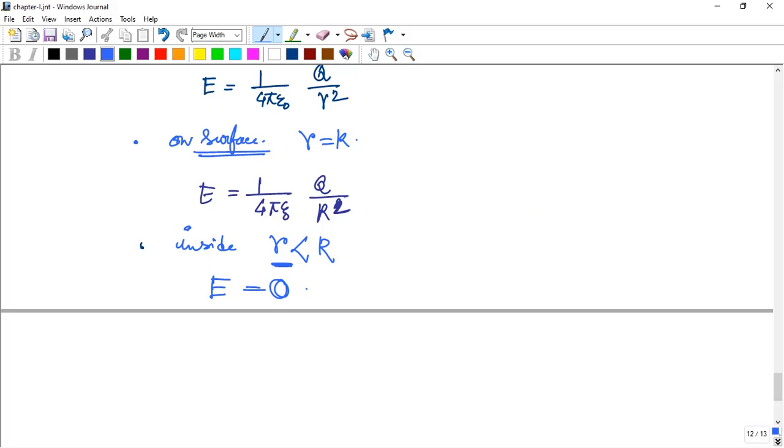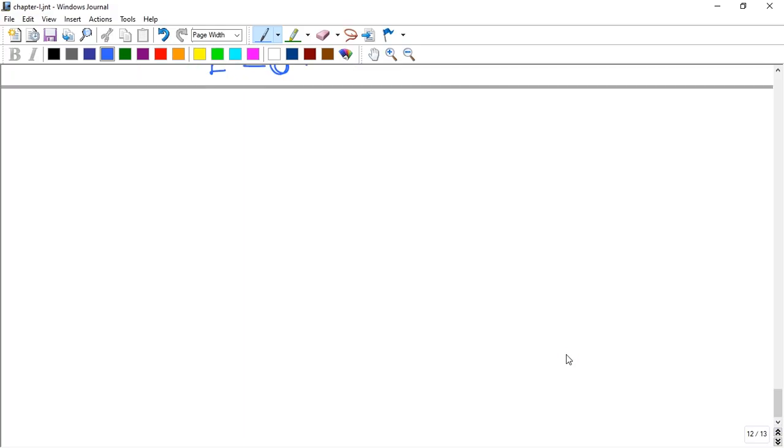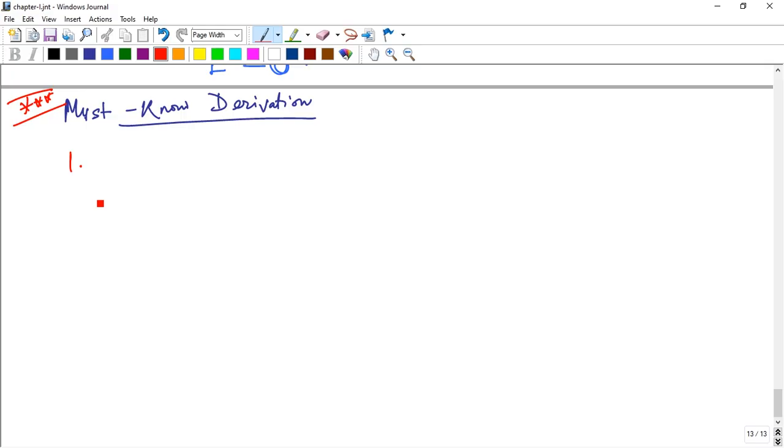Now, for final tips and final revision: what is important in our first chapter? You must know the derivations. This is very important. The first important one is the electric field on the axial line of a dipole.